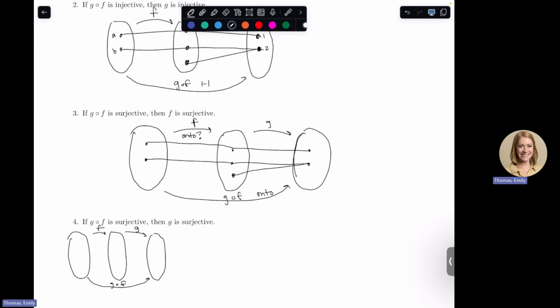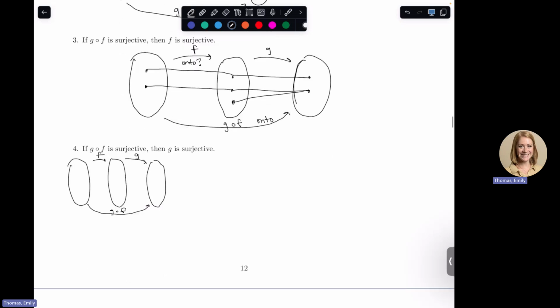Does it mean that the second piece has to be onto 2? What you got? Can't have that. Oh, I mean, you can, but the composition couldn't be surjective then.